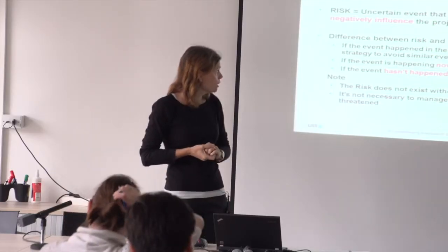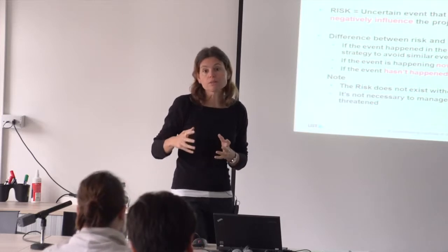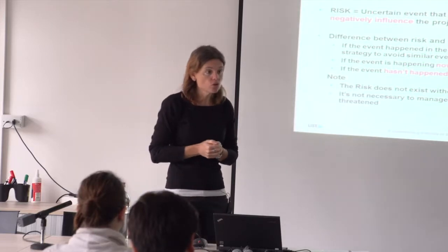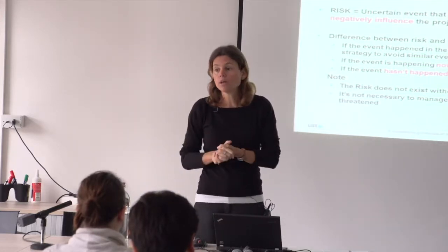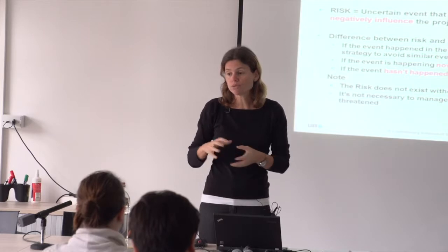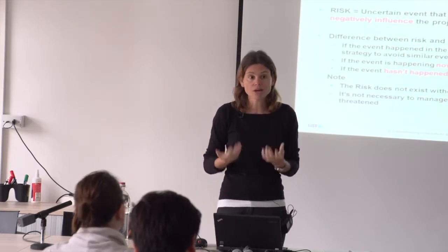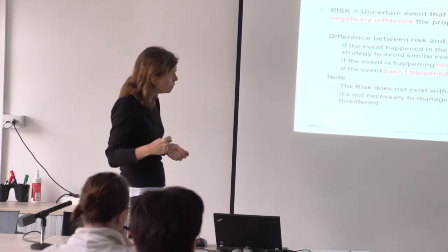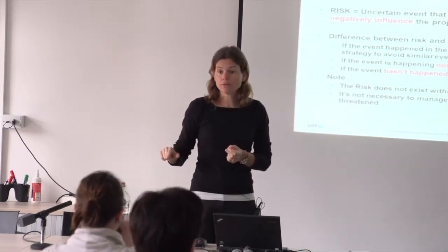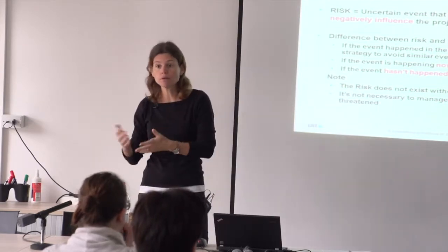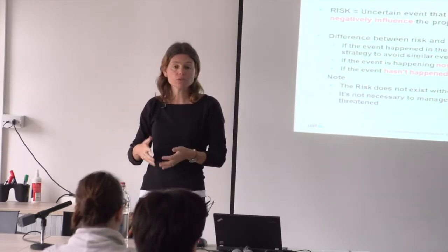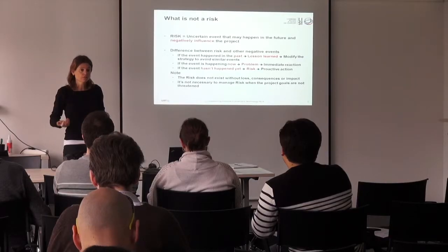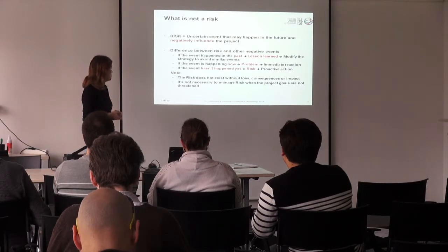So we do agree that a risk is something uncertain that might happen in the future, and you will have to put in place some proactive actions to take care of the risks. And what we also need is a negative impact. If something might happen in the future that has no impact whatsoever on the project and its objectives, you don't care. You don't need to manage that.